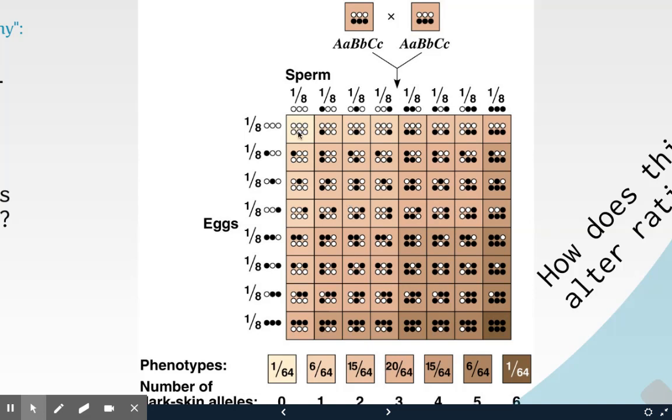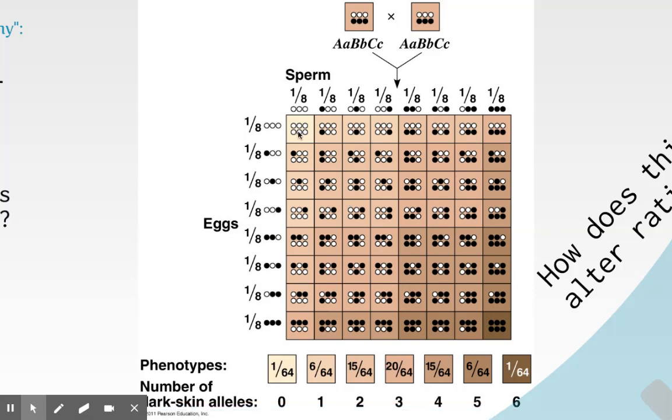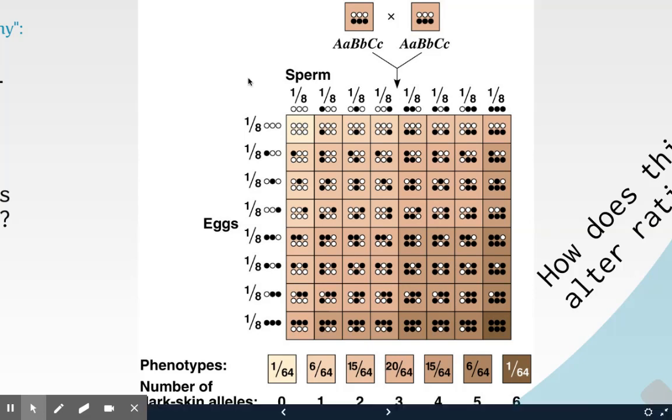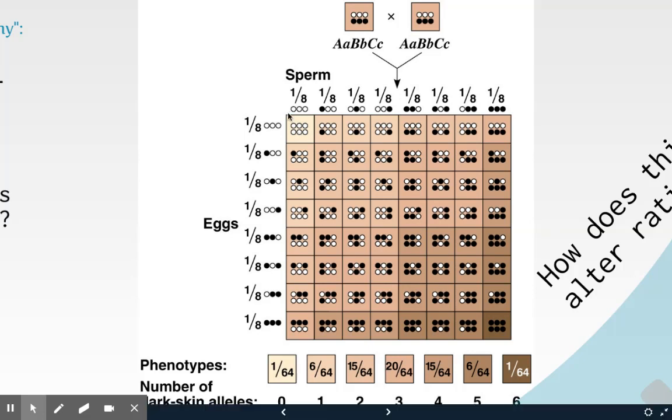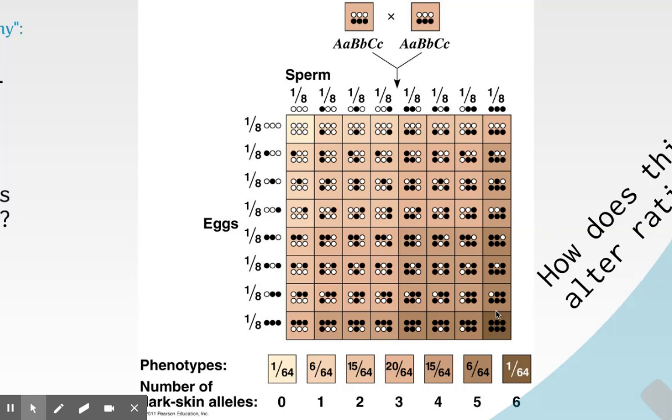There have to be that many alleles involved. In the case of skin color, height, and hair color, the shade of your skin or hair or the height that you are is determined by how many dominant alleles you inherit.